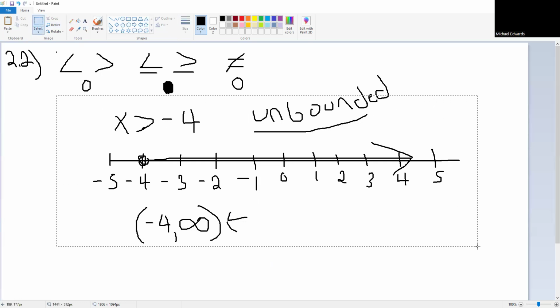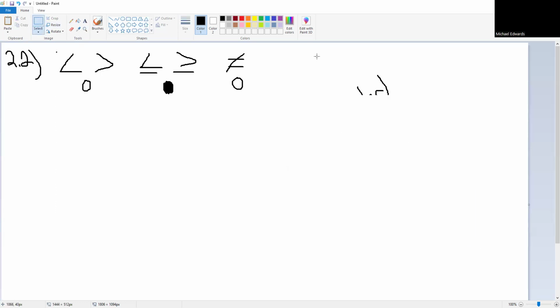Okay, let's continue on just for fun. Let's give a little more complex one: -2 is less than or equal to x, which is less than or equal to 10. Now, is this bounded or unbounded?